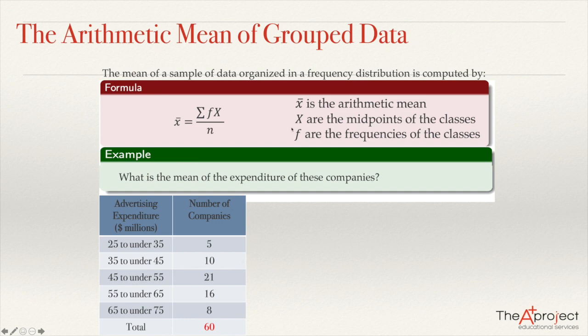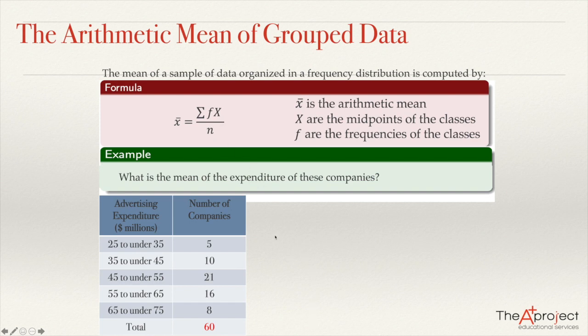Because we need the midpoint, it will be important to have another column here with the midpoints. We also need the multiplication of the frequencies, these are the frequencies, the number of elements in each class, multiplied by the midpoint. So I will need another column for the multiplication of this frequency and the midpoint.